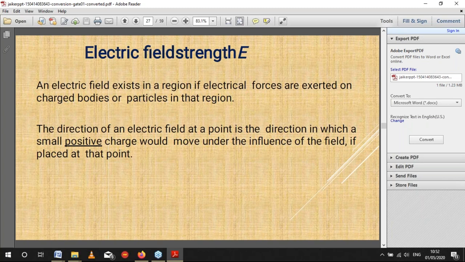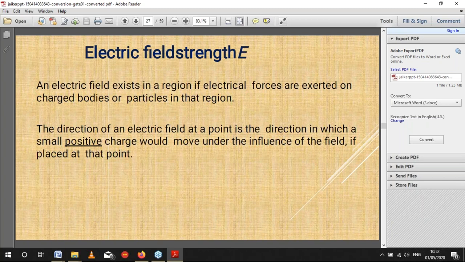The field between these plates will be uniform. You can get that from slide 31, which is on my slide here.